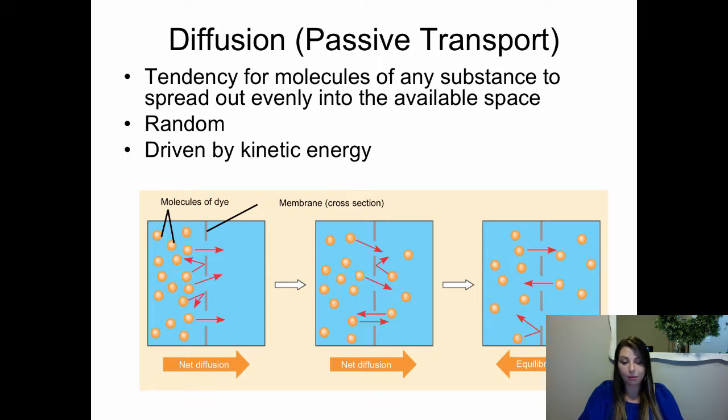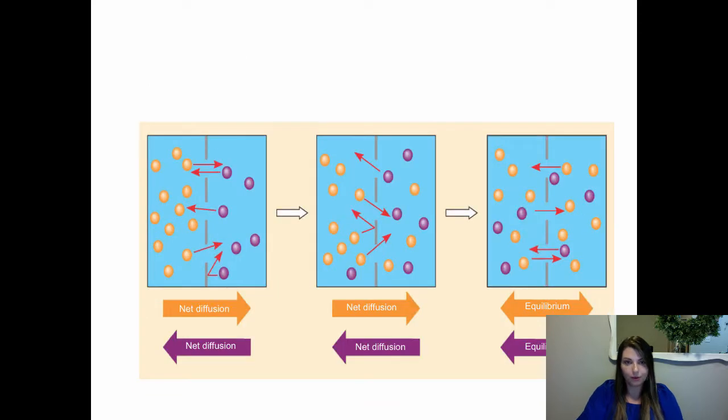Now this is going to happen until we reach equilibrium, which you can see right here. It looks like there's about an even amount of the molecules on each side of this membrane. You may still have a little bit of movement back and forth, but it's pretty much going to remain at equilibrium at this point.